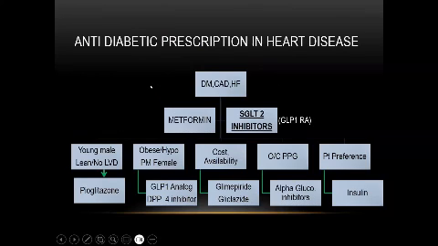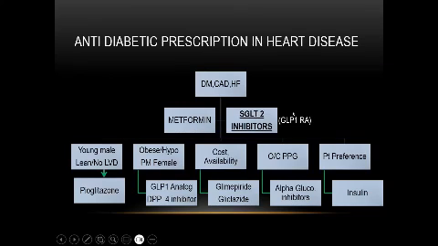So now we come to what is the diabetic prescription we must give to a patient who has already existing cardiac disease. Whenever the patient has got diabetes, coronary heart disease, and or heart failure, the basic two-drug combination is likely to be metformin and SGLT2 inhibitor.